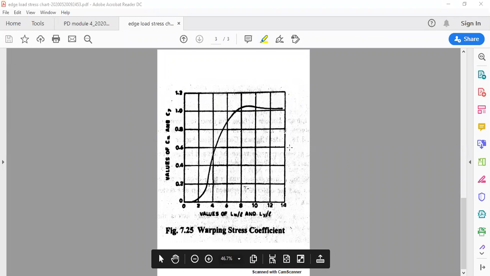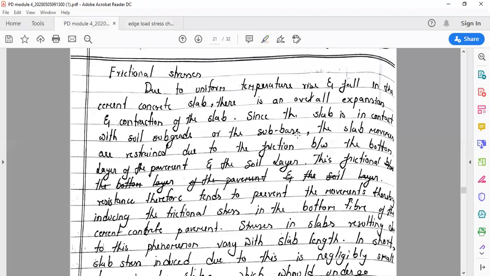The next thing we have is the frictional stress. I think I'll take frictional stress in the next class, that is on Monday. After this I'll go for the calculation of the combination of wheel load, warping stress and frictional stress. It will be the combination of all these stresses, which is also important from the exam point of view.